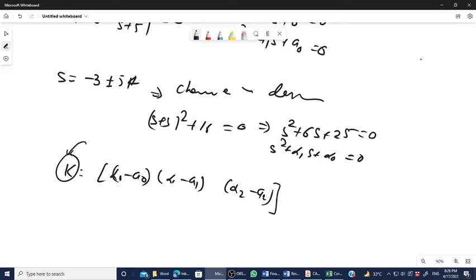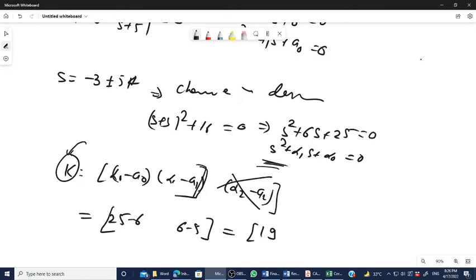Since there are only two roots, the third term will not exist. Only K is alpha_0 minus a_0 and alpha_1 minus a_1. Based on this you can find 25 minus 6, and second is 6 minus 5. So your equation is 19 and 1. So the value of K is like this.